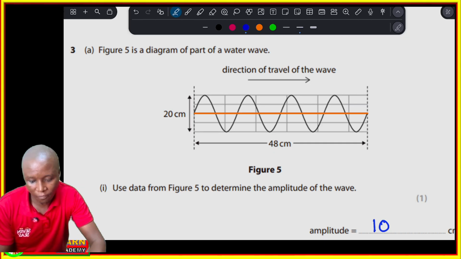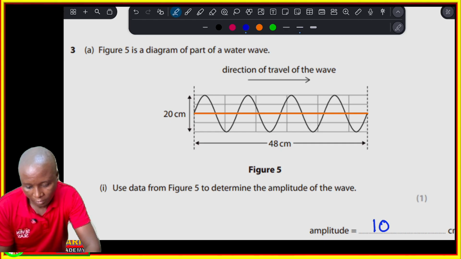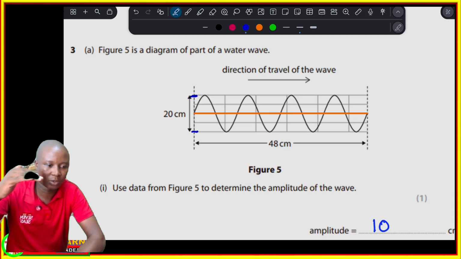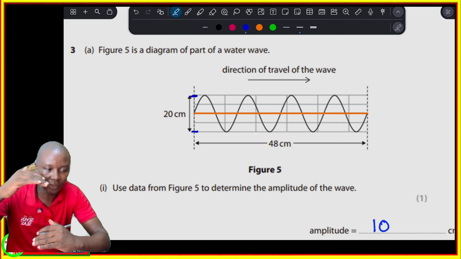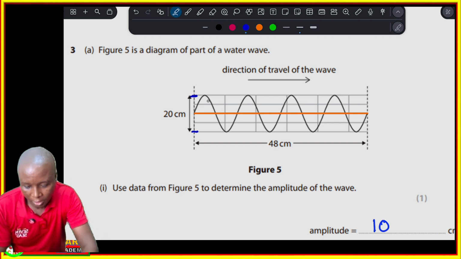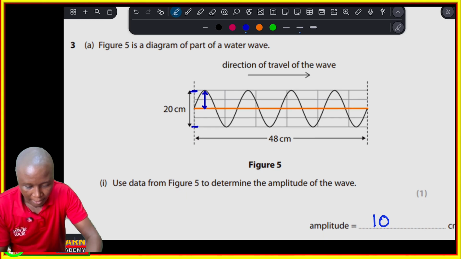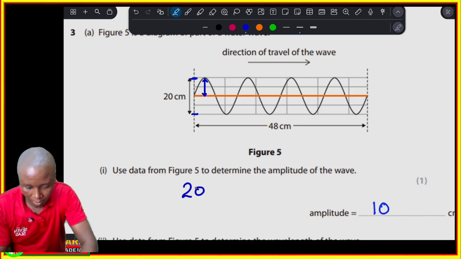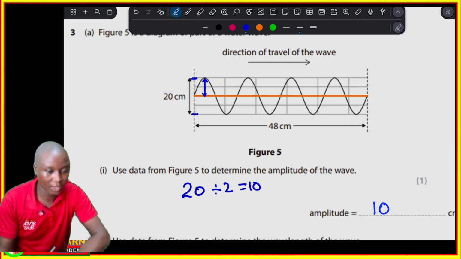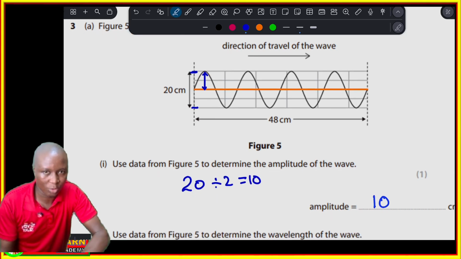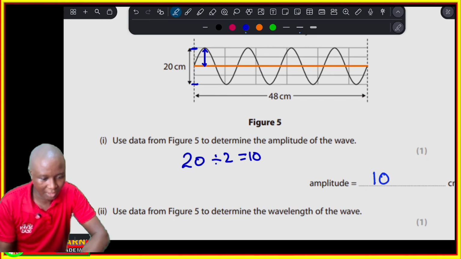Once you have identified it, you can see the distance between the highest point and the lowest point is 20, meaning the distance between a crest and a trough is 20, then the amplitude is going to be halfway here. This represents the amplitude, and to get that you say 20 divided by 2, which gives you 10 as shown there. So basically that's what you are supposed to do in that particular question.